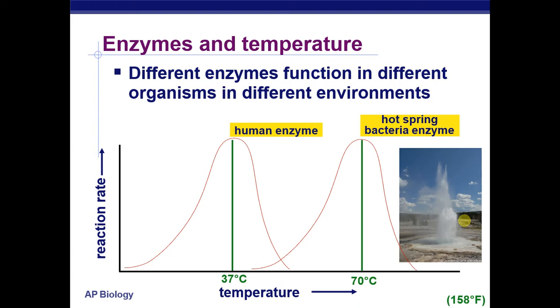Their optimal temperature matches the environment where they live. So those enzymes in those organisms have evolved so that they work best in the environment that the organisms are found in.